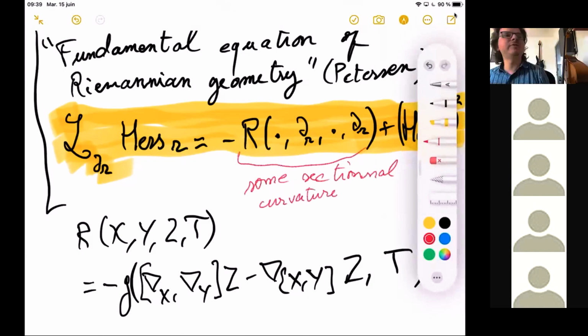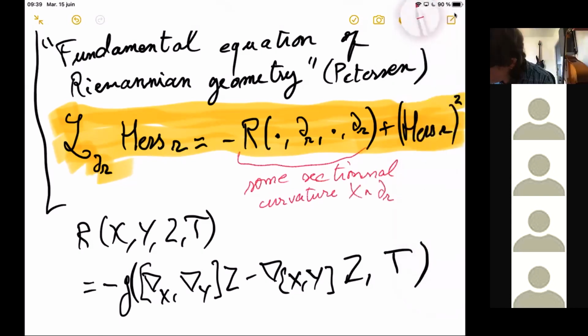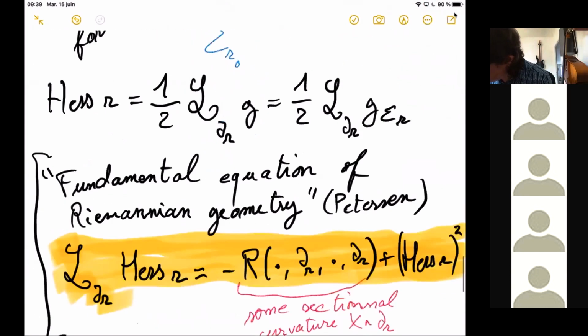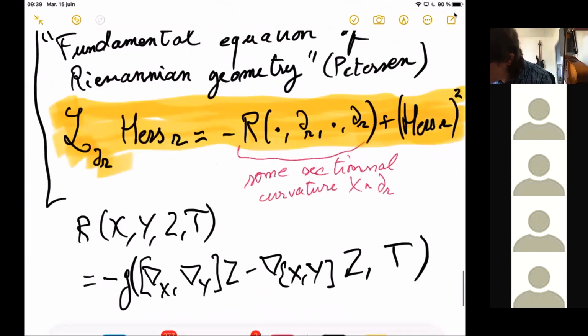If you plug a vector field x inside it, this is the sectional curvature of x times r, times g of xx if x is not of norm 1.